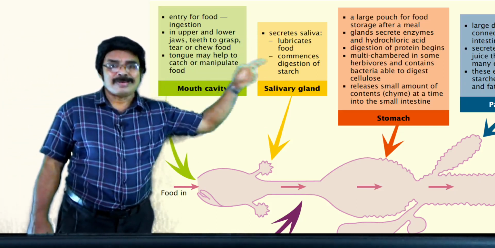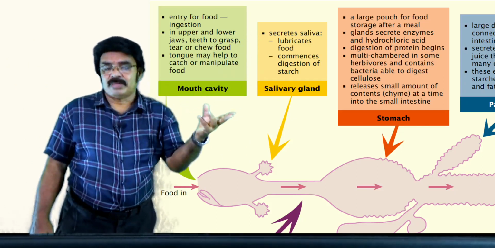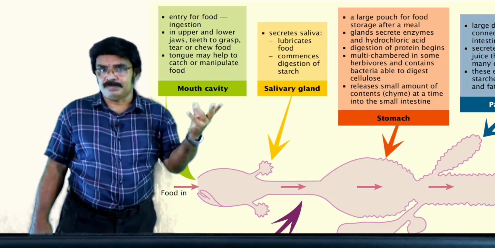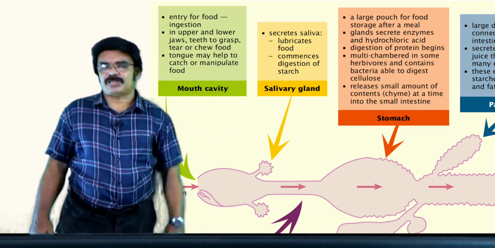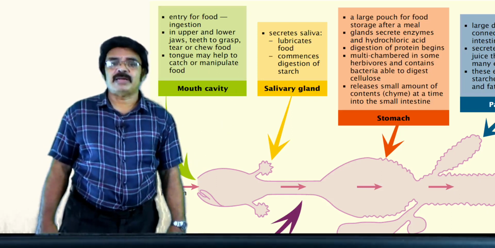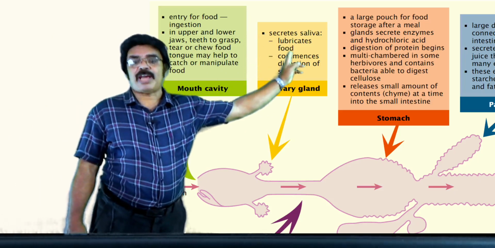Salivary glands are glands that secrete saliva. The saliva has enzymes, one particular enzyme basically, and it digests food. That is, chemical digestion starts here. It secretes saliva and lubricates food.